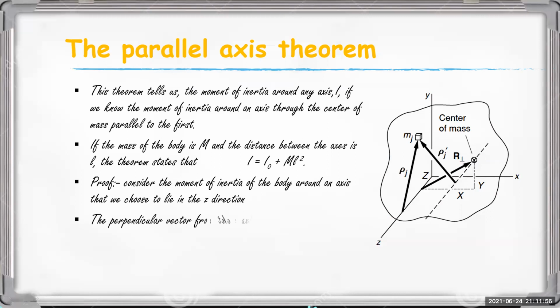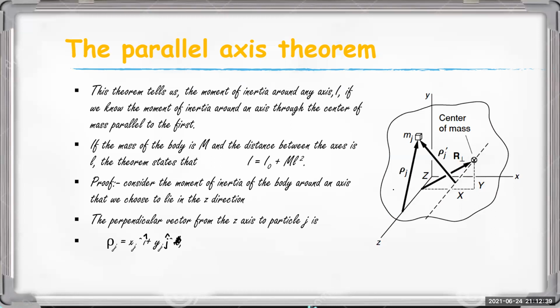So the perpendicular vector from the z-axis to the particle j, we have represented by rho j. Then what will be rho j? Rho j must be equal to xi plus yj, yj, not k. In the text, it is given as k. The perpendicular component from the z-axis has no component for z, only components for x and y.